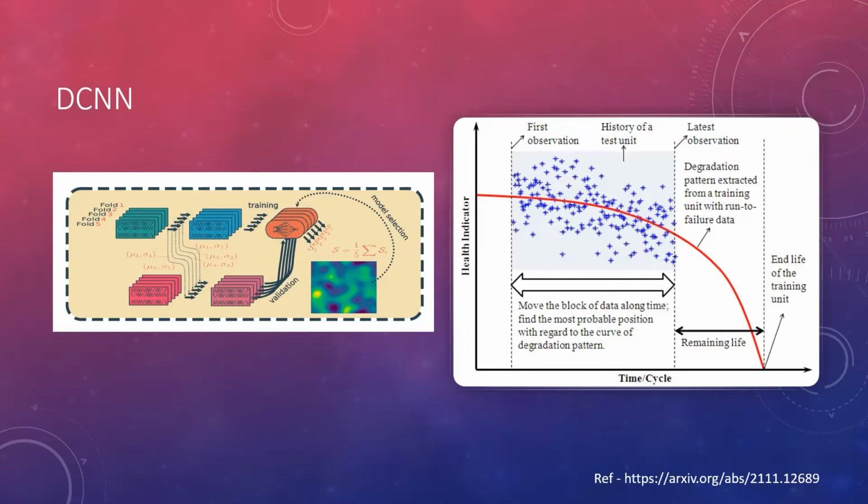Okay, so on the right side, you can see the chart which indicates the health. The red line is the health and remaining useful life. So assume that you are on the latest observation right now. What are the available data points, what is the window before this particular data? What we will take here is a window of information.